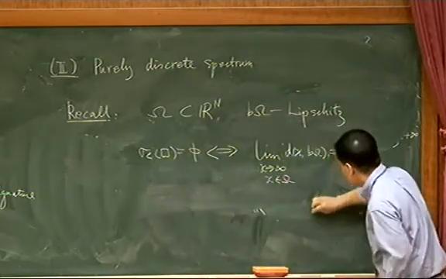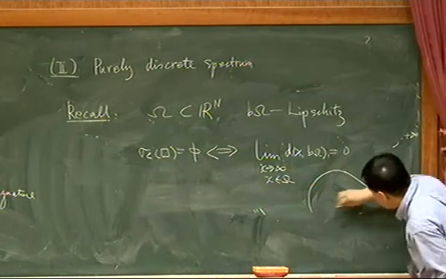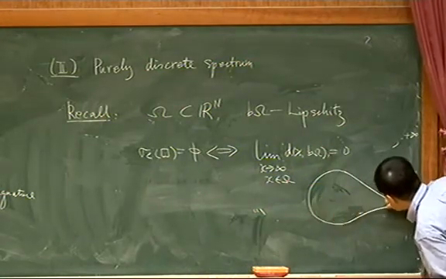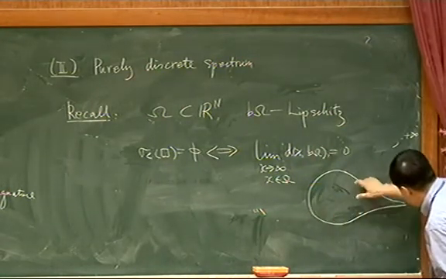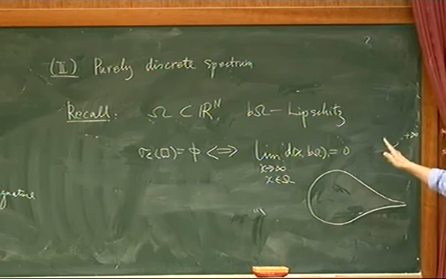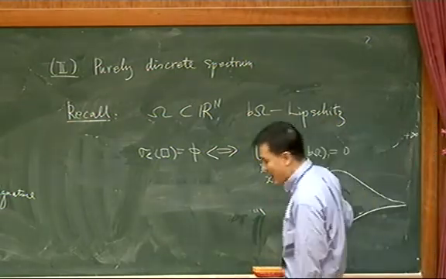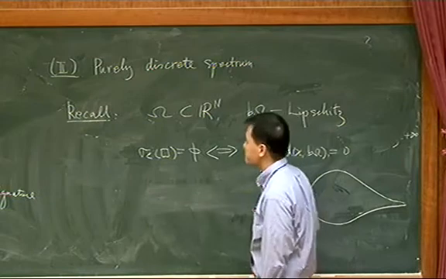So the inradius must look like this. As you go to infinity, this must be closed up in order to have purely discrete spectrum. It could be unbounded, but it must be closed up.